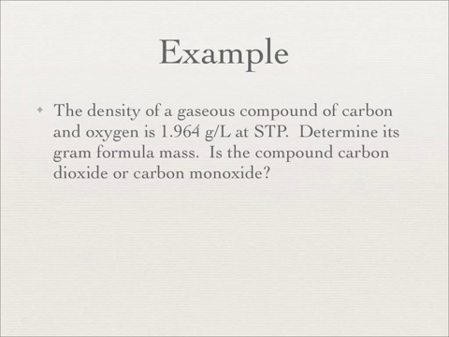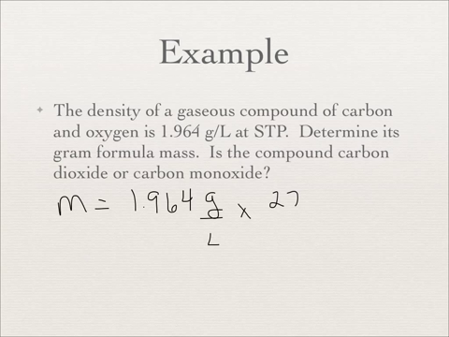Let's do a problem. The density of a gaseous compound of carbon and oxygen is 1.964 grams per liter at STP. Determine its gram formula mass. That'd be the mass. So mass is equal to its density, 1.964 grams per liter, times the volume, 22.4 liters.